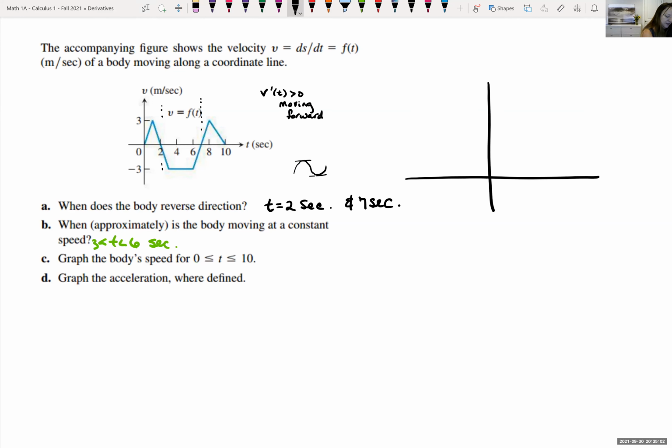So if I'm looking at the interval from 0 to 1, notice I can think about this as rise over run. I'm rising 3 and I'm running over 1. And so I know that my slope for this first piece is 3.